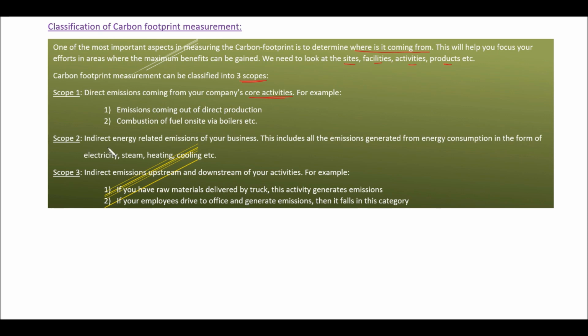Scope 2 is the indirect energy related emissions of your business. So scope 1 is the direct emissions, and this is your indirect emissions. This includes all the emissions generated from energy consumption in the form of electricity, steam, heating, cooling, etc. So basically you are using energy to run your business, but it is in the form of consumption of electricity or steam or heating in, let's say, the winter times, or cooling in the summer times.